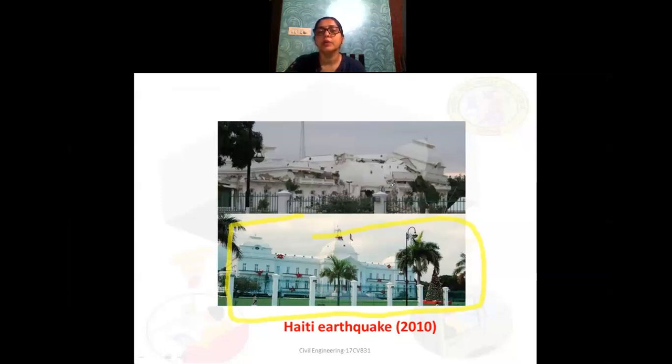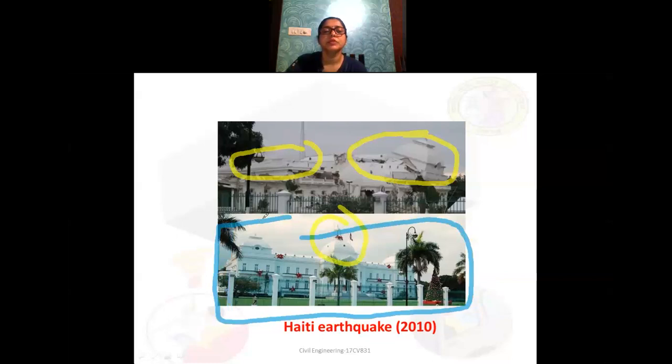But after the earthquake, you can notice that due to mass irregularity, the building has collapsed like this. There is a heavy roof here, and a heavy roof here. Due to that heavy roof, it collapsed when the earthquake happened, and the irregular mass distribution is also a reason for this.